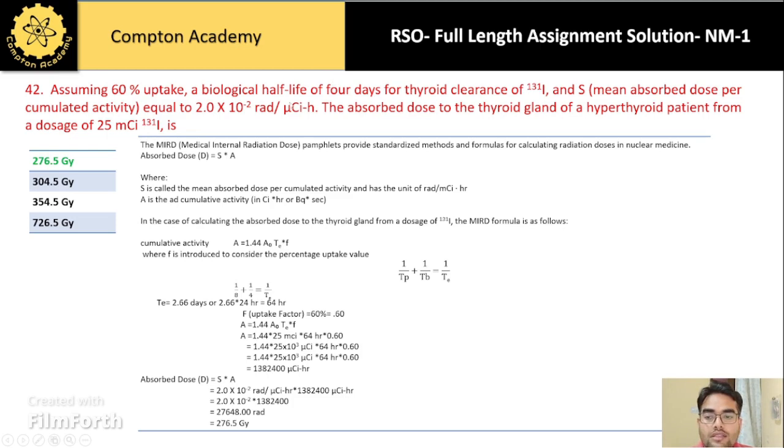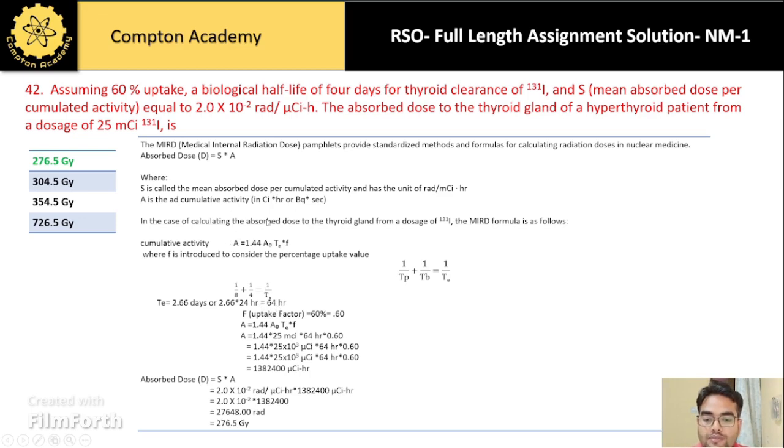Here the biological half-life of iodine-131 is mentioned as 4 days, and the physical half-life we know is 8 days. So the effective half-life is 2.66 days, and multiplying by 24 hours, we get approximately 64 hours.